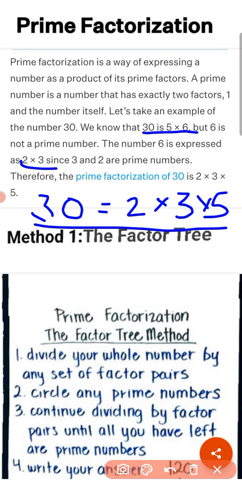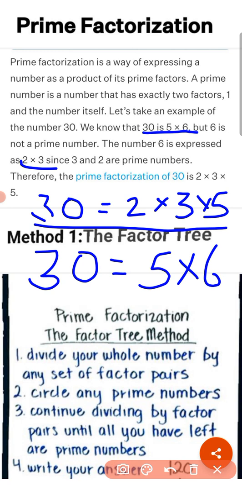So children, prime factorization means it is a way of expressing a number as a product of its prime factors. A prime number is a number which has exactly two factors. Here we are finding the prime factors of 30. First, we factorize 30 as 5 into 6.